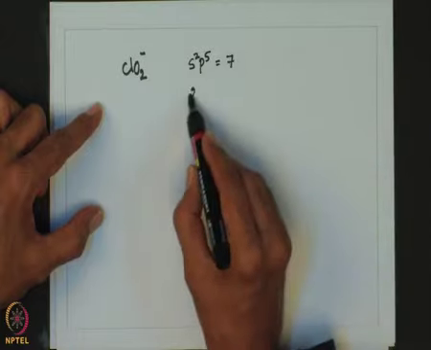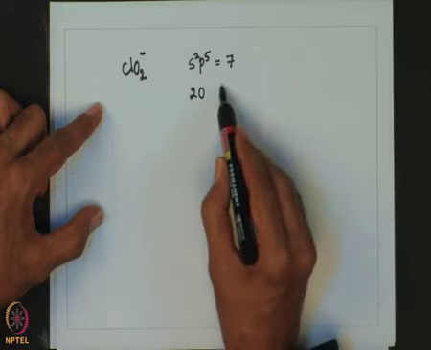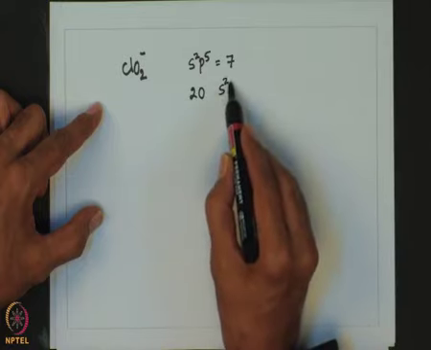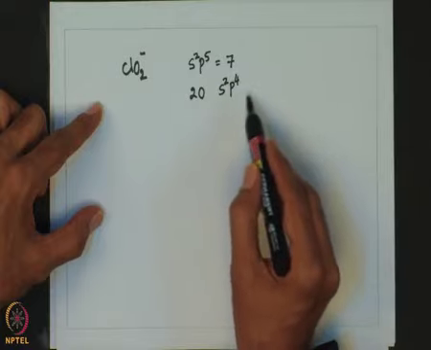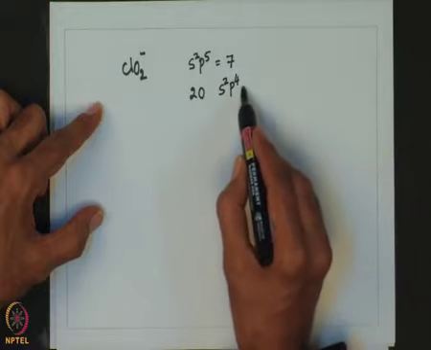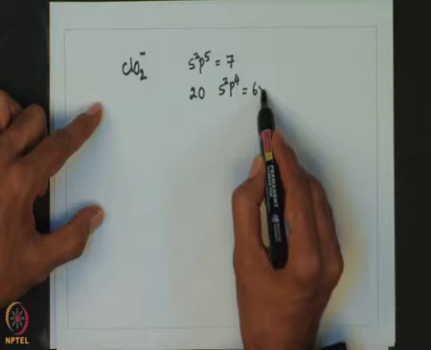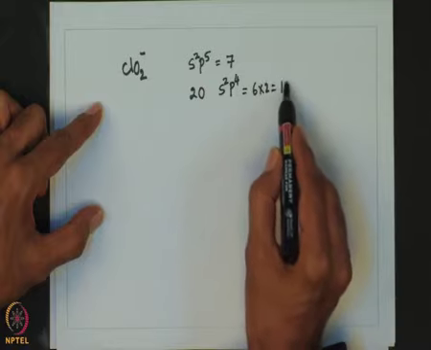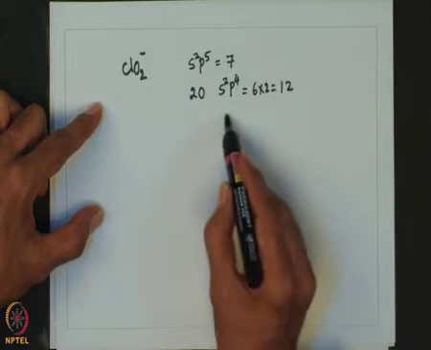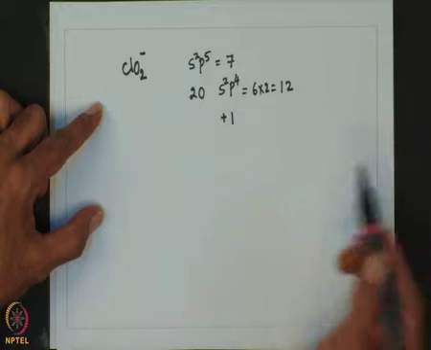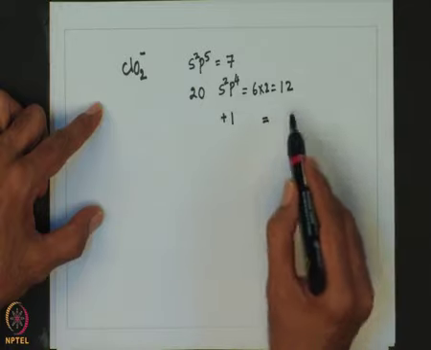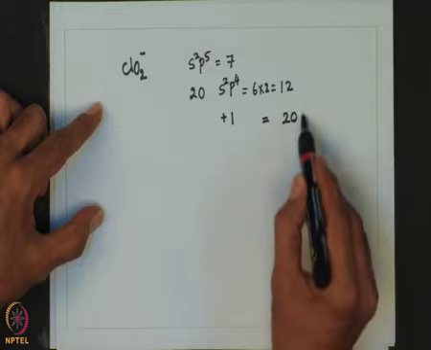Then we have 2 oxygen atoms, each giving 6 electrons, as they have s2p4 electronic configuration. So, 6 into 2, what we get is 12 electrons. Since one negative charge is there, one additional electron has to be counted. So, we have a total of 20 electrons.